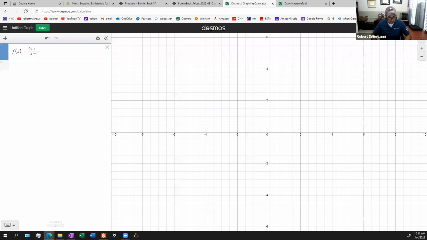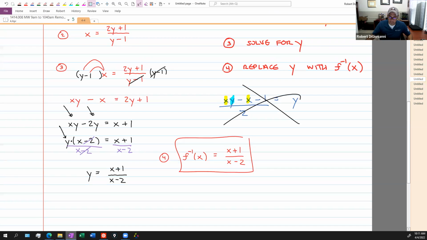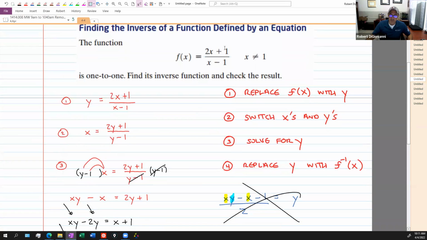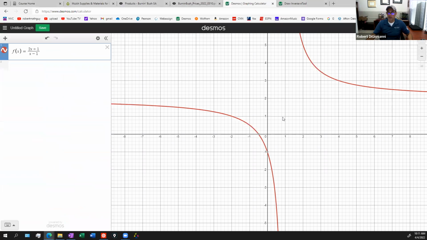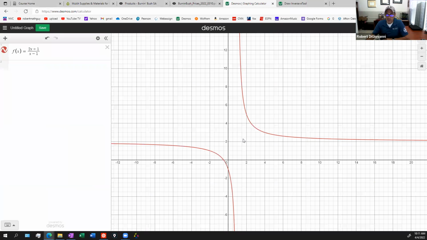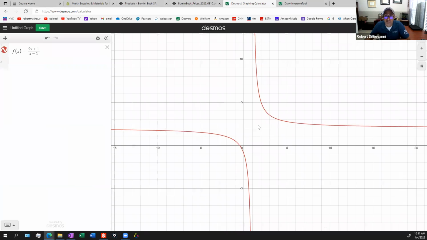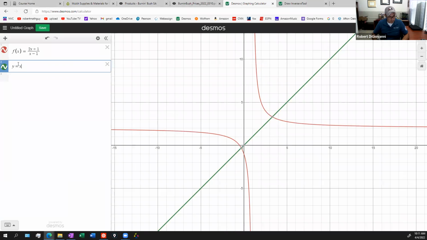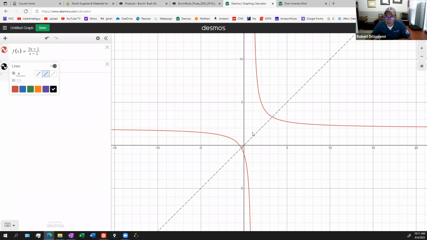Okay, that's the graph of the original function f. Let me put y equals x here. That's the identity.